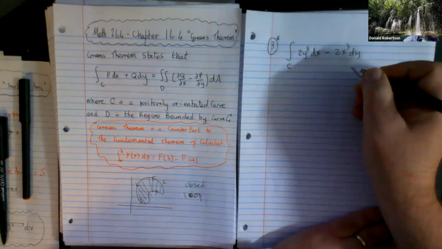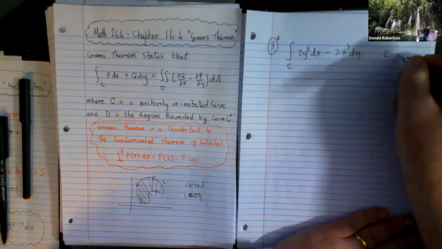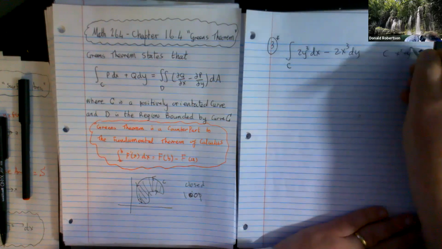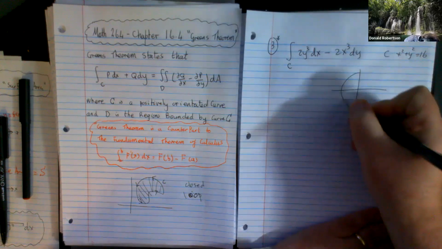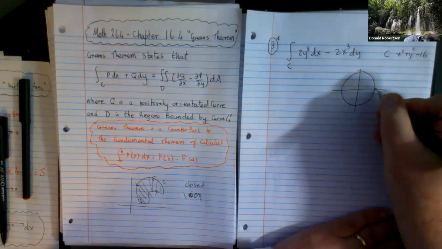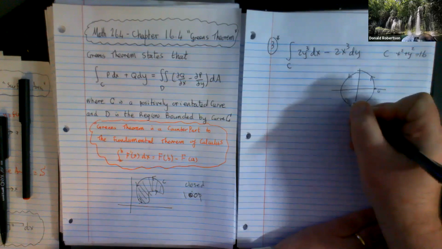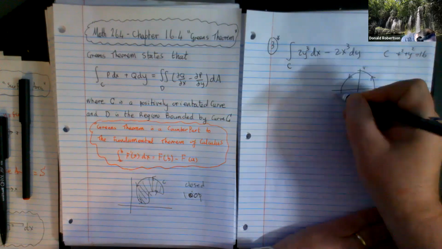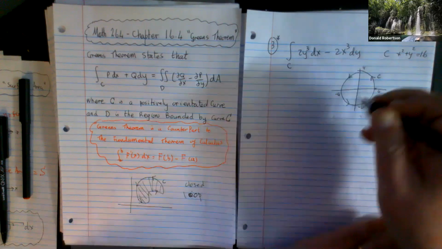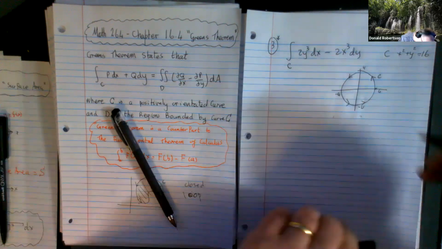And C is the circle x squared plus y squared equals 16. So if you want to imagine what C looks like, we'll assume that you go anti-clockwise around the circle. Right, and that's C. So D is the inside.